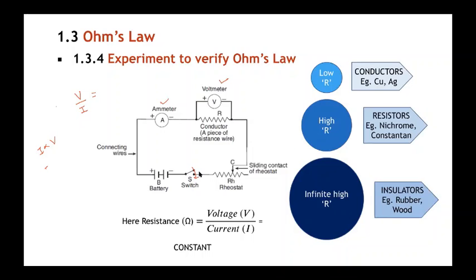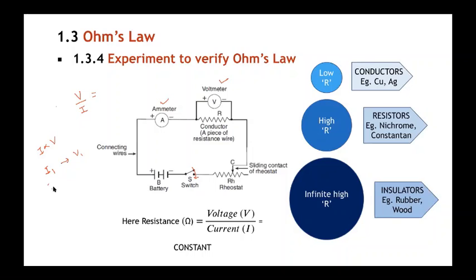After switching on, let's say I got some value of current I1 and some value V1. Now, because this is a variable resistance, what happens if you increase the resistance of the rheostat? The current value will decrease.